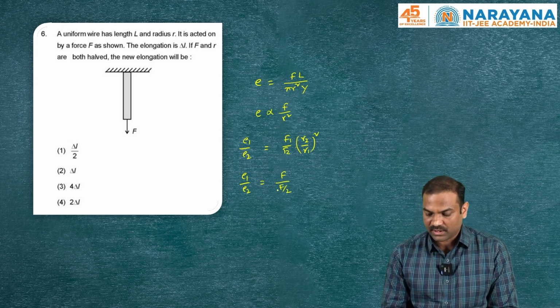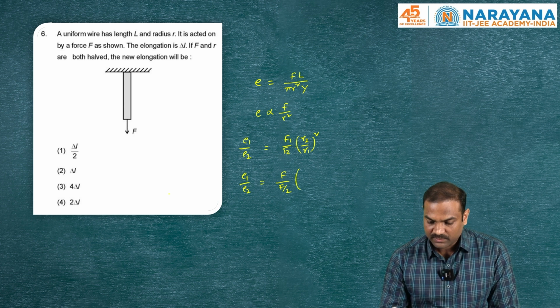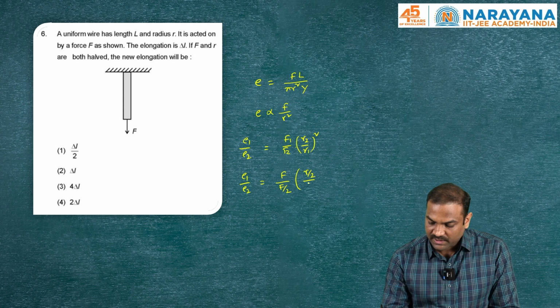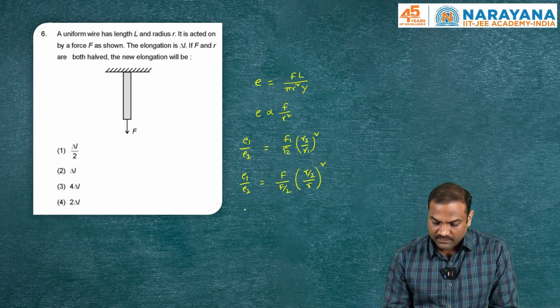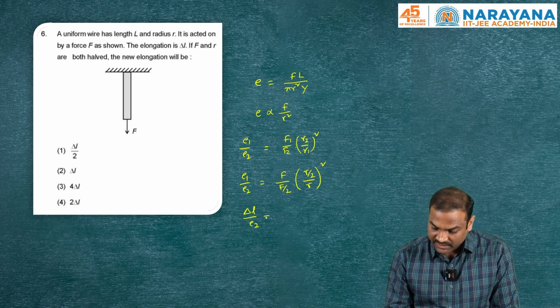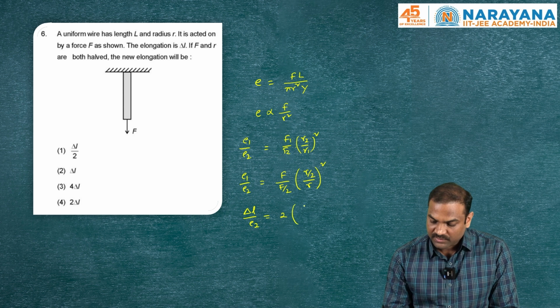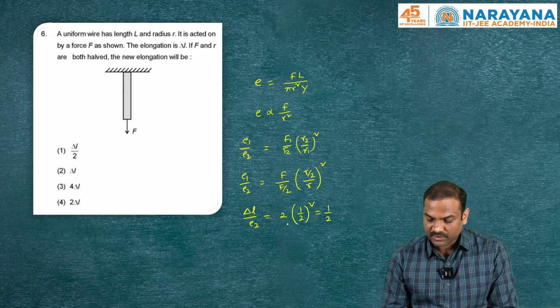I'm taking F by 2 because both force and radius become half, so the R2 value will become R by 2 and R1 is R, whole square. Then the E1 value they have given as delta L, and we have to find E2. So this is 2 times multiplied with 1 by 2 whole square. That means it will become 1 by 2, because it is 1 by 4.